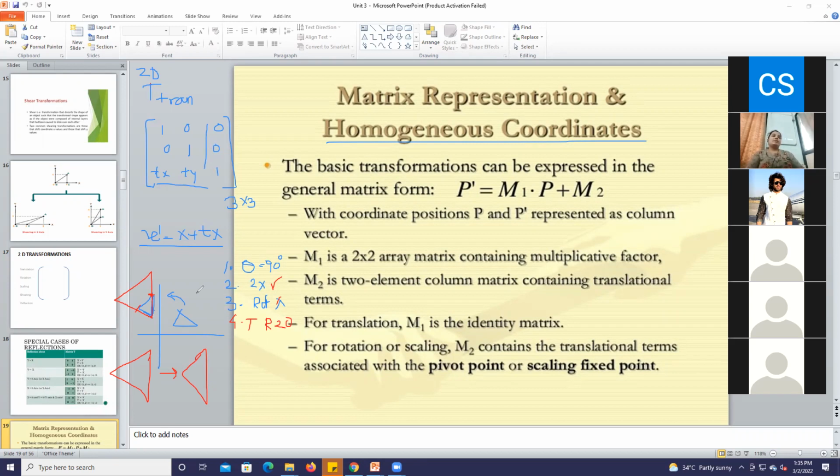Then if I ultimately want to combine all the transformations, then I should convert these 2 by 2 matrices. Which is the first 2 by 2 matrix? Rotation. Which is the second 2 by 2 matrix? Scaling. The third 2 by 2 matrix is reflection. So all these 3 T matrices which are 2 by 2, I have to convert into 3 by 3, so that matrix multiplication will be easy.